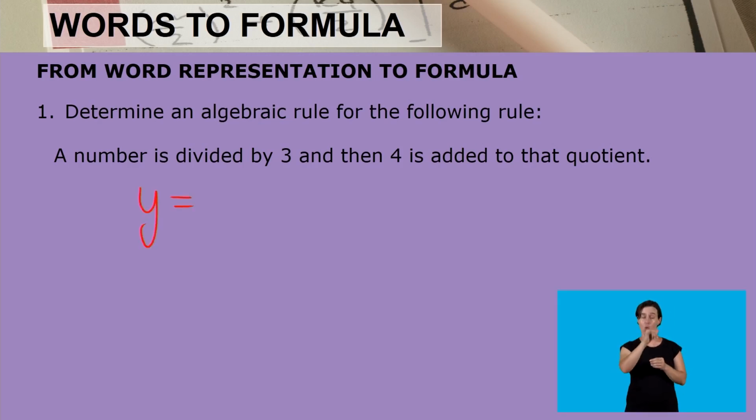So we are going to use y for the output. And then when we say a number is divided, what number are we talking about? Of course, we are talking about the input value. So a number is divided by 3 and then we are adding 4. So this is us moving from word representation to a formula or an algebraic rule.